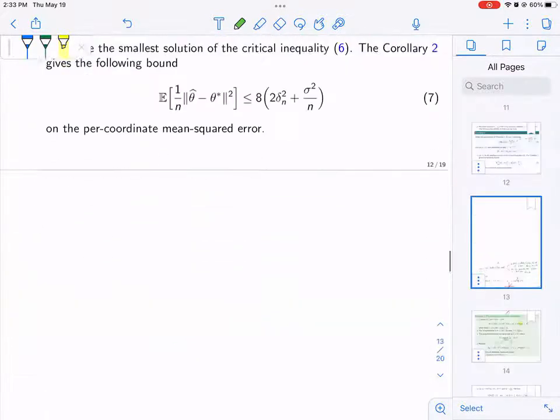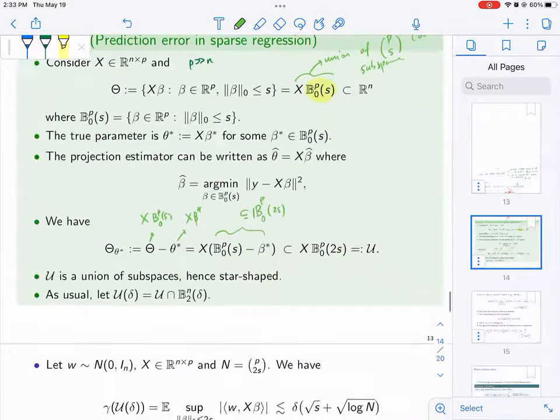Instead of working with this set, which is harder to work with, I'm going to work with this, which contains that. And so I'm going to intersect with a ball of radius delta around 0. So that's the set that I have to calculate. So this is the set. The set that we need.